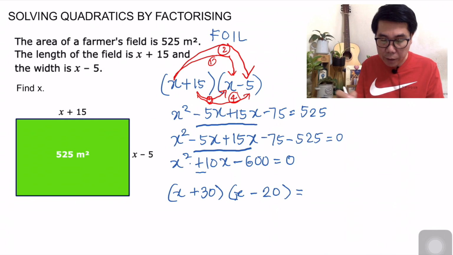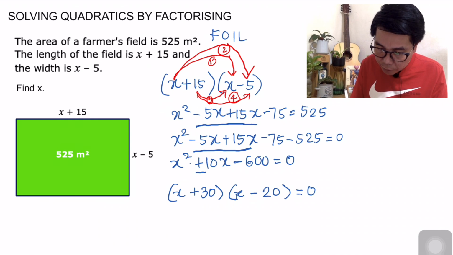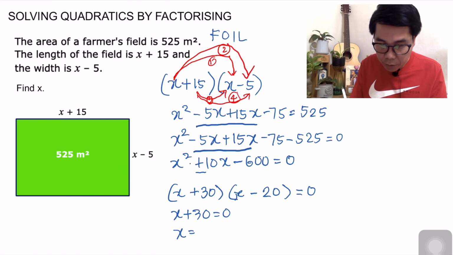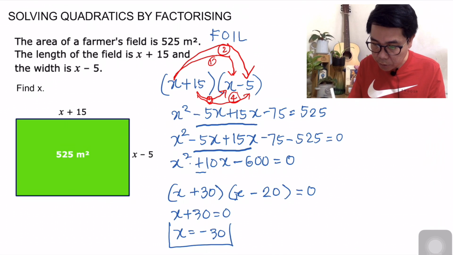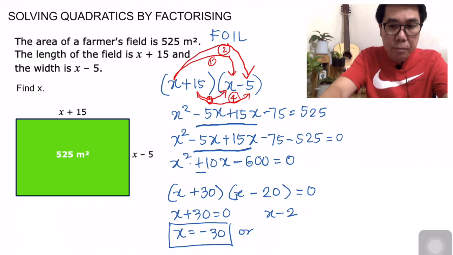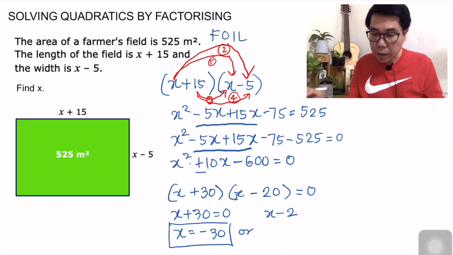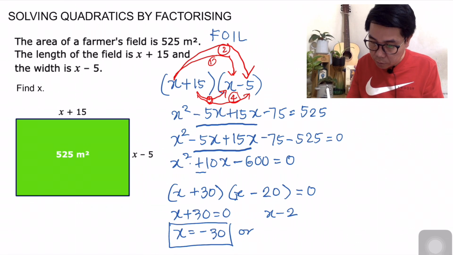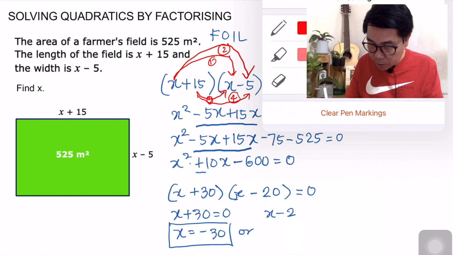Now we have to find out x plus 30 equals 0. x is equal to negative 30. That is one solution. The other solution is we have x minus 20 equals 0.